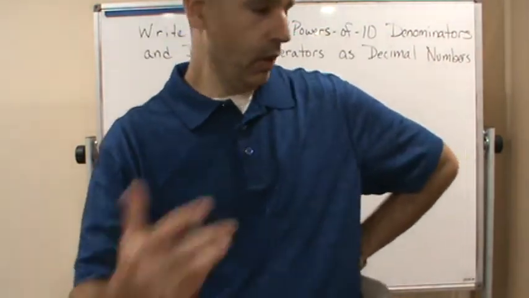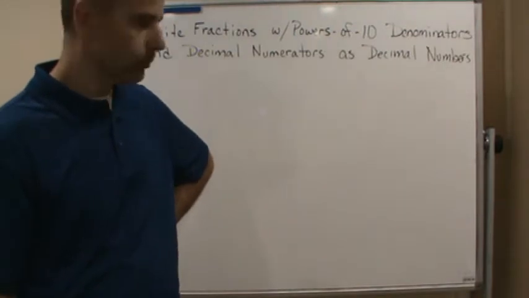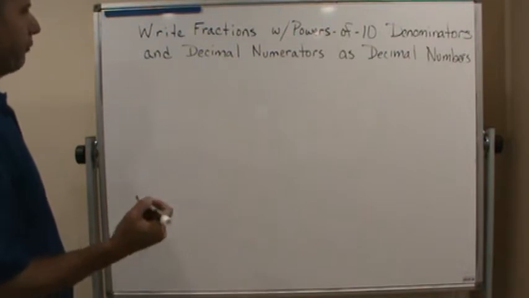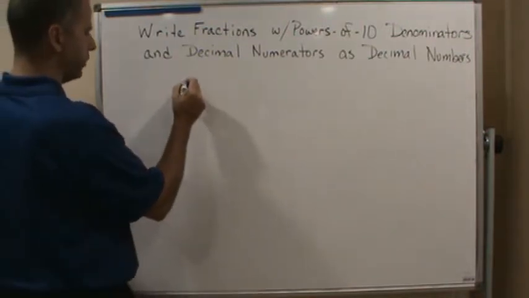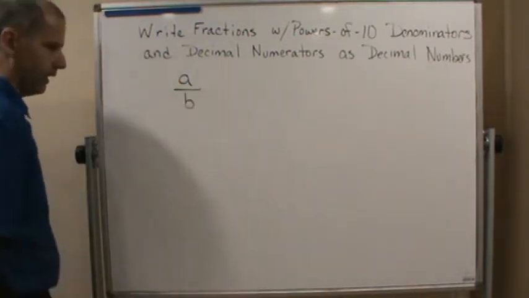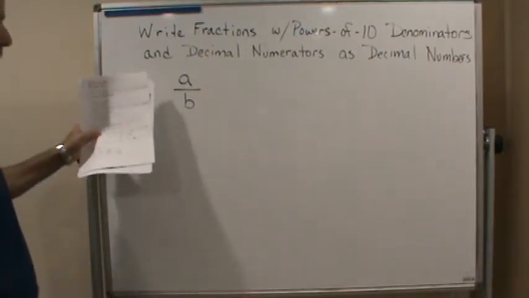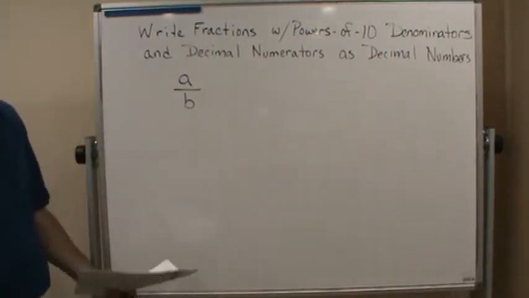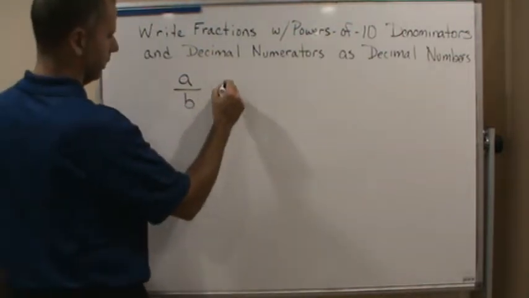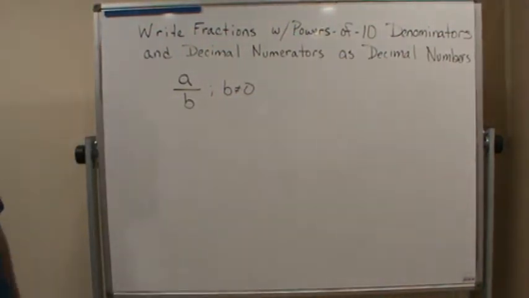Okay? So again, as always, we start with some definitions and some concepts, vocabulary. So now, what is a fraction? Well, a fraction is any number that looks like that, where the number on top and the number on the bottom are whole numbers, except the bottom can't be 0.